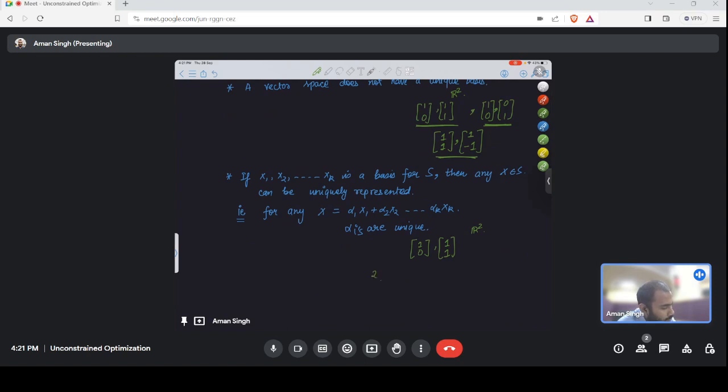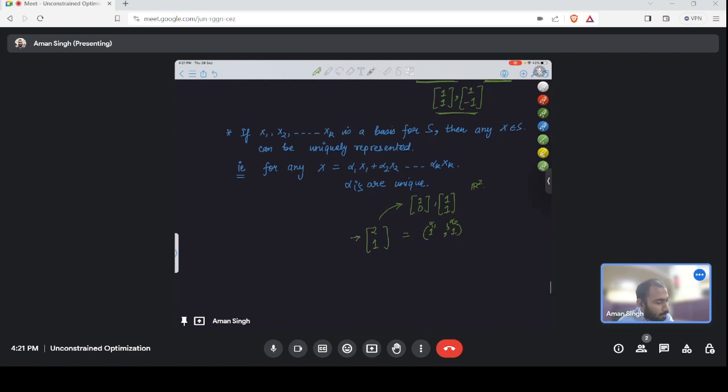So the way you represent (2, 1), alpha 1, alpha 2 will be (1, 1) only. There is no other set of alphas which you can use to represent this vector using these two basis vectors. So this is unique for a basis. For spanning vectors, let's say I add one more vector here, we can have multiple alphas, but if they are bases, we cannot have multiple alphas.